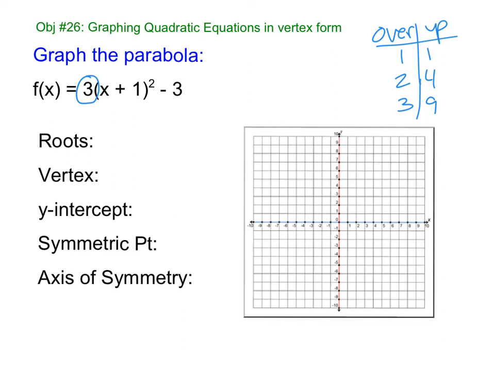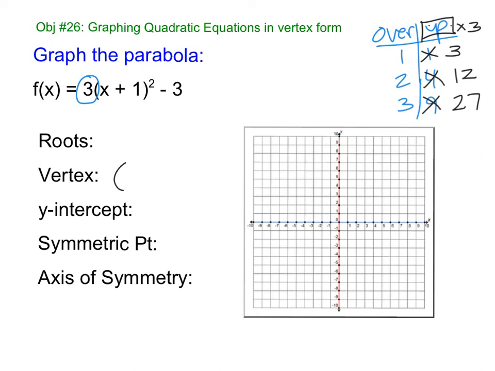So it's going to multiply our y value. My up is getting multiplied by 3. So 1 times 3 is 3, 4 times 3 is 12, 9 times 3 is 27. All of those get multiplied by 3.